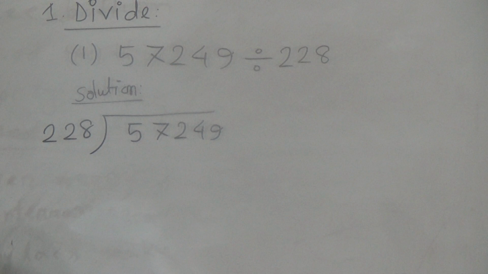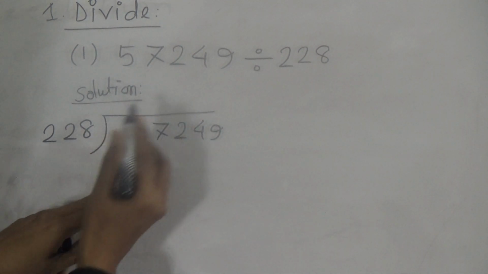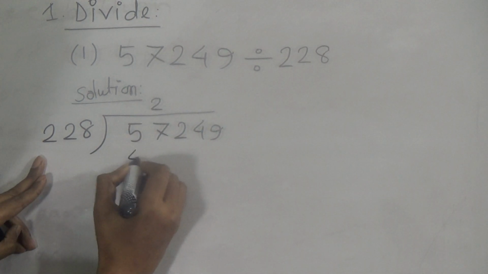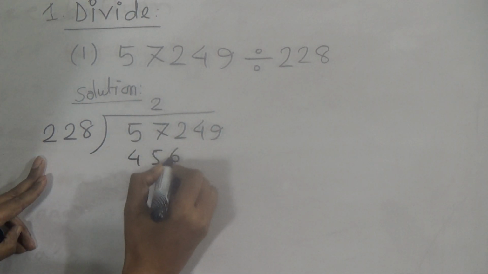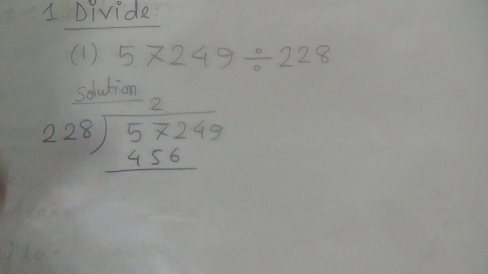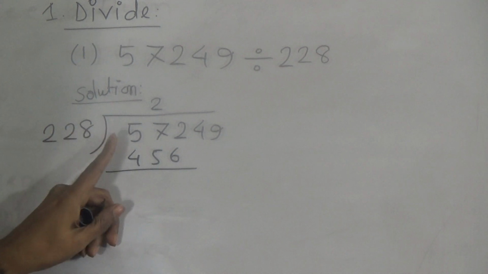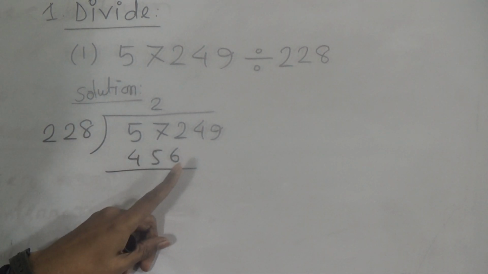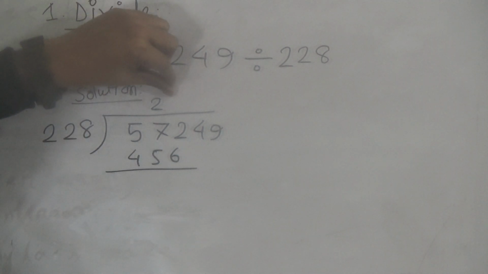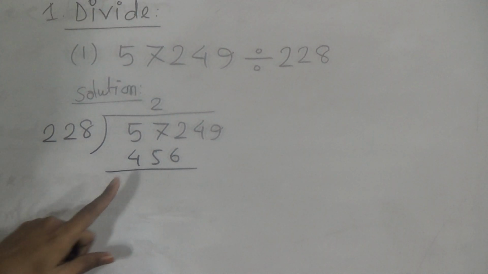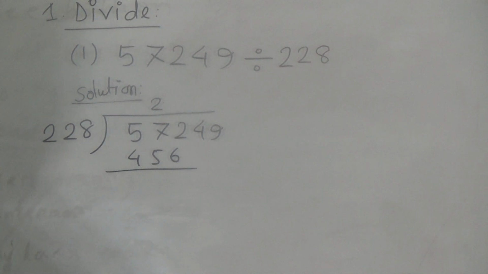Look, if we take 2 times, then 456. If we take 3 times, it will exceed 572. So I have taken 2 times. Look, so 228 into 2 equal to what? 456. Now you have to subtract.